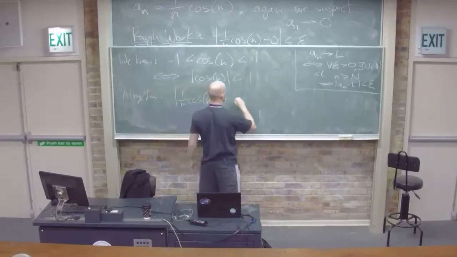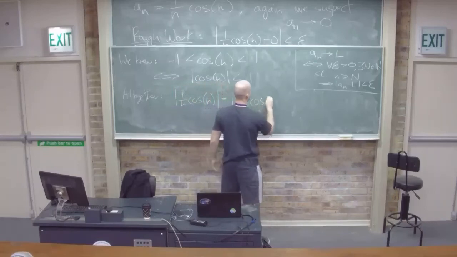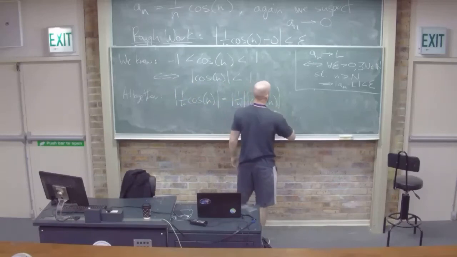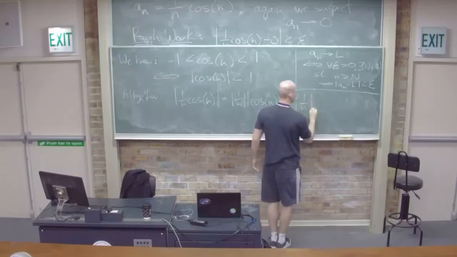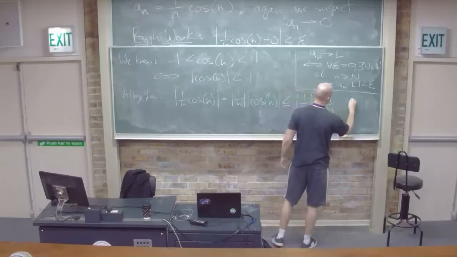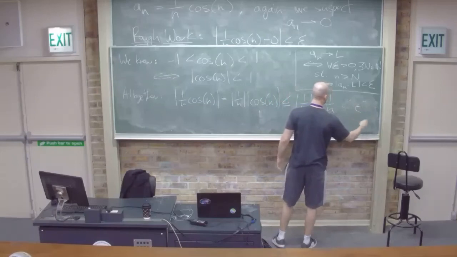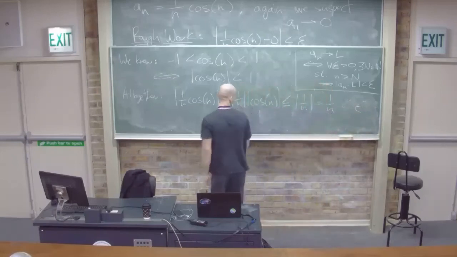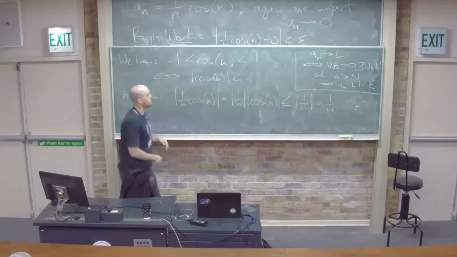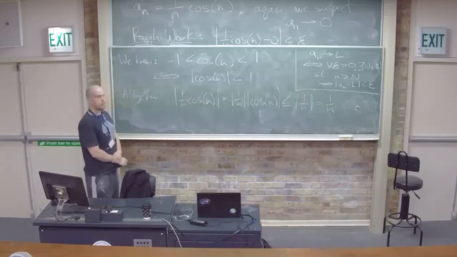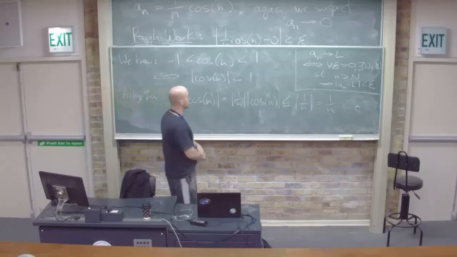So this is equal to 1 over n cos n, which is less than or equal to mod 1 over n, equals 1 over n. With 1 over n cos n, isn't it by the triangle inequality that it is less than or equal to this?